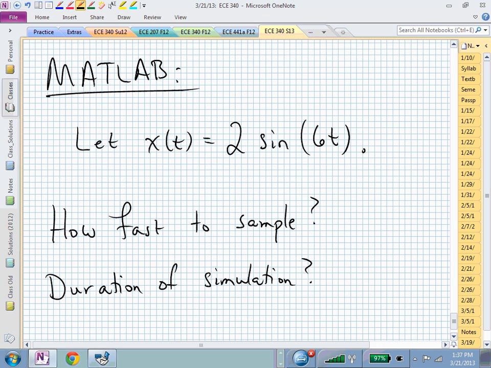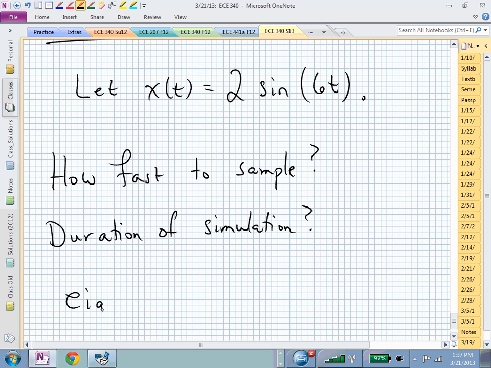What influences the answers to these questions? How fast do we sample? Have we already somehow learned a little bit about this system? What did we already do? We already found the eigenvalues of A, didn't we?